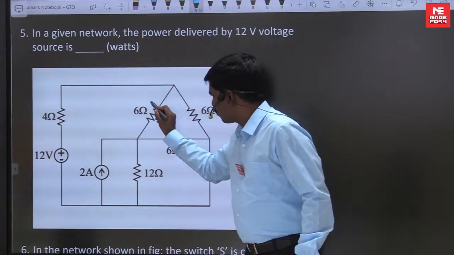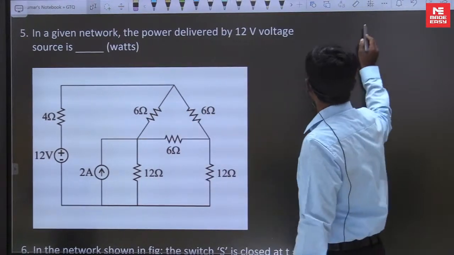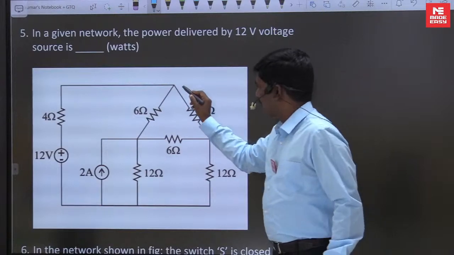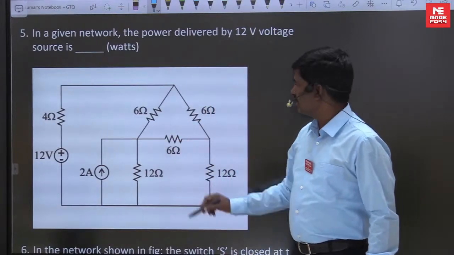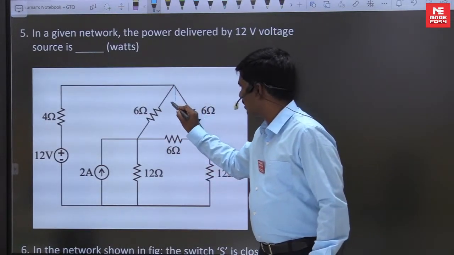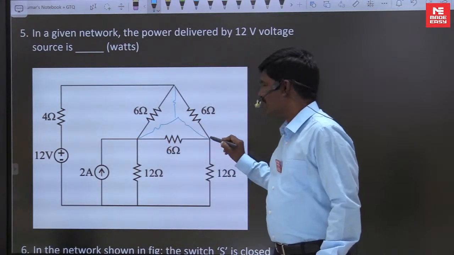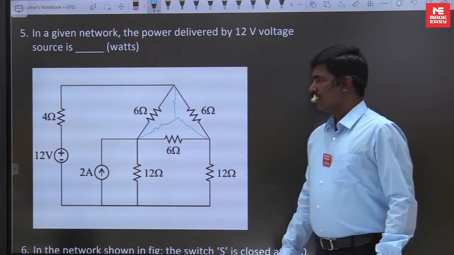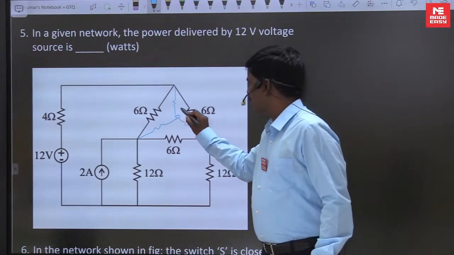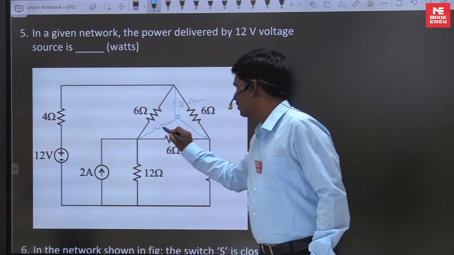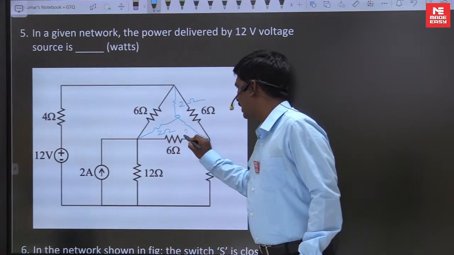Now the 6 ohms, 6 ohms, 6 ohms equivalent in star is 2 ohms or not? Delta to star. So here 6 by 3, 2 ohms, 2 ohms and 2 ohms.